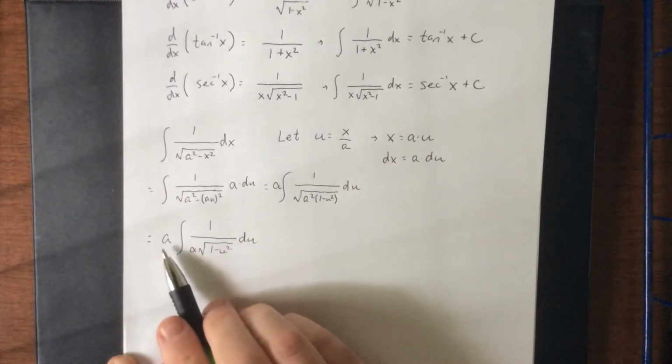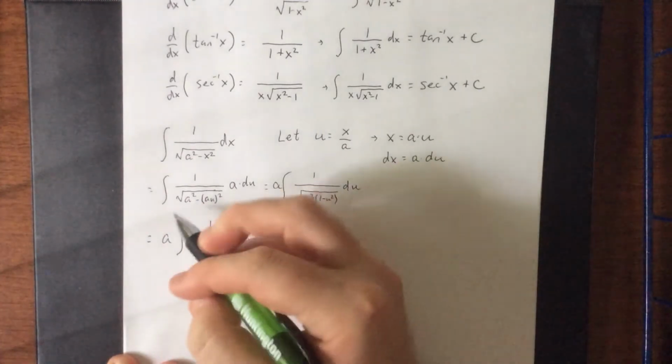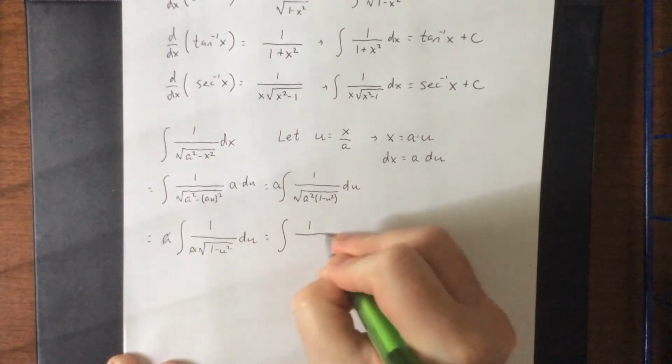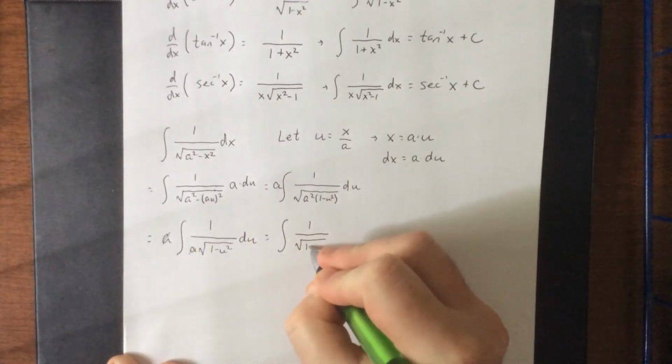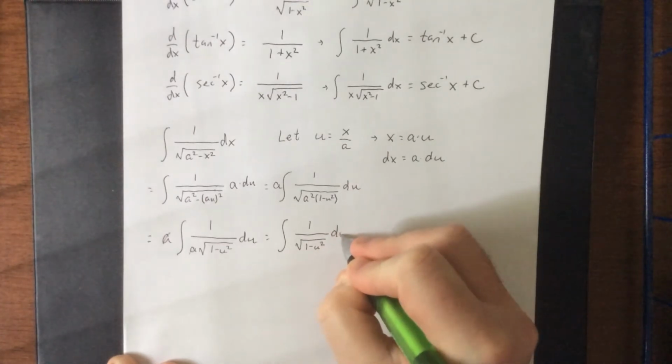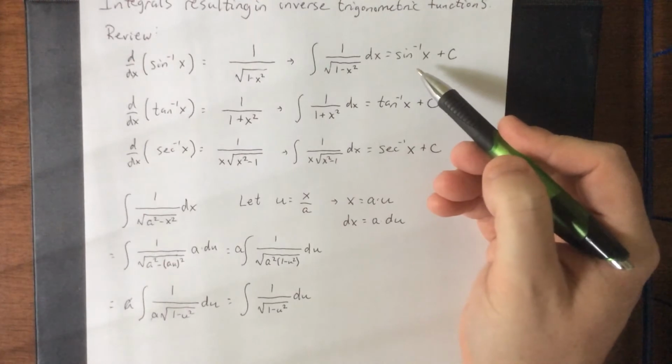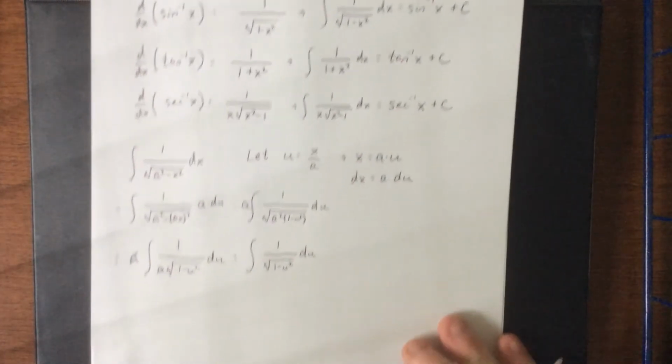Now the a that we had from earlier and this a should cancel each other out, leaving us with, after our substitution, exactly what we had from earlier, simply making use of u's rather than x's.